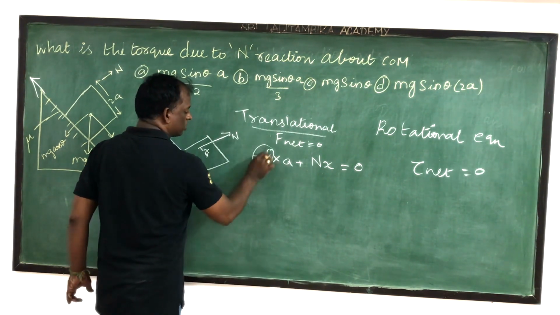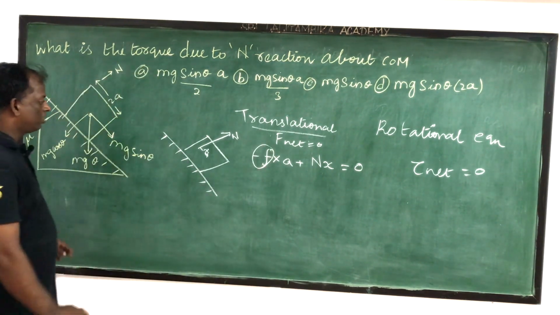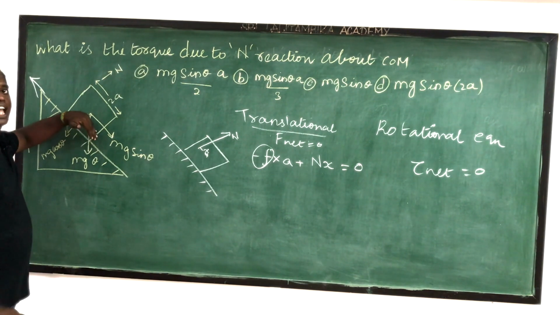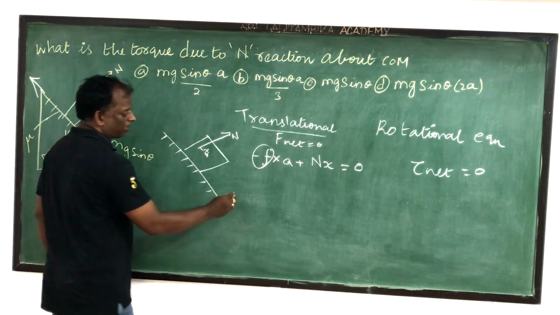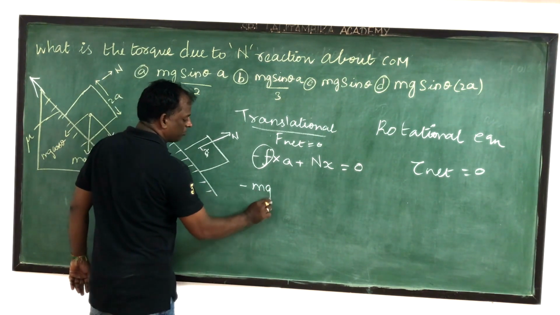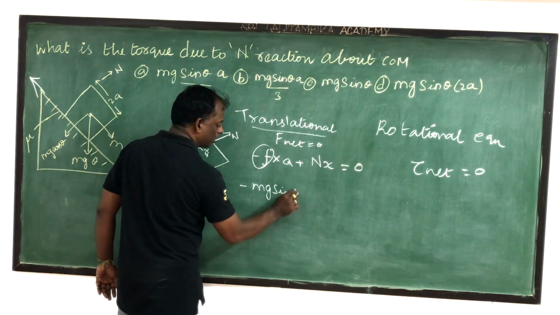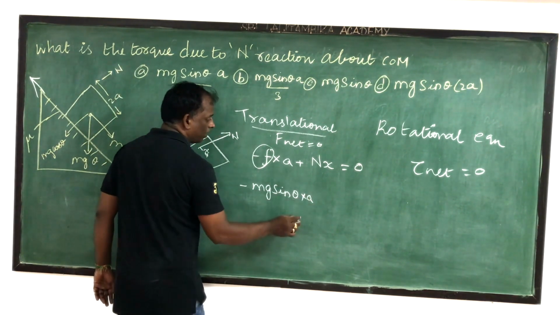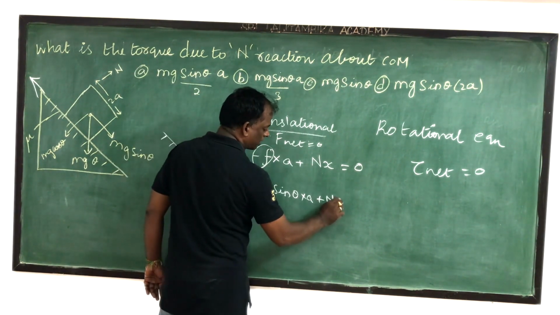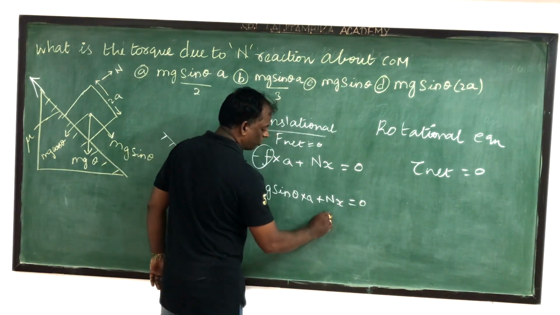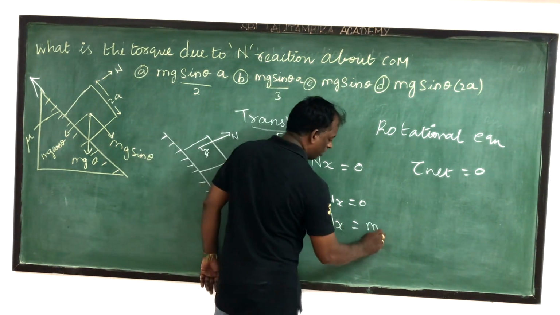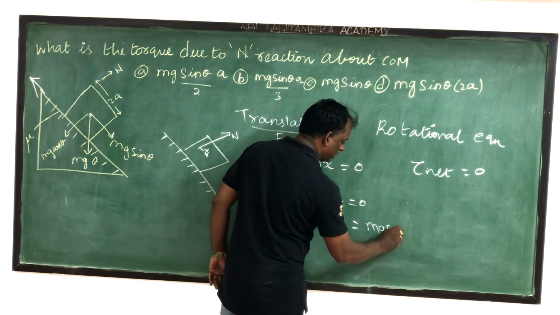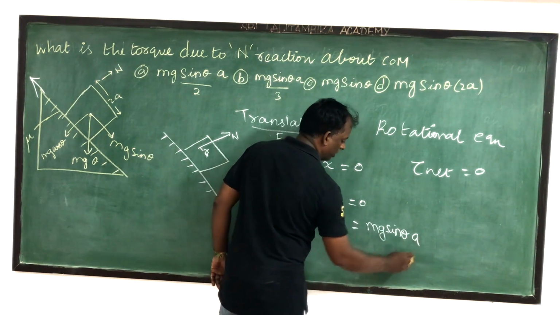So what is the value of F? F it is acting on this direction, force is acting on this downward direction, inclined plane. So F க்கு நம்ம என்ன எழுதலாம், minus mg sin theta into a plus Nx which is equal to 0, or Nx is equal to mg sin theta into a.